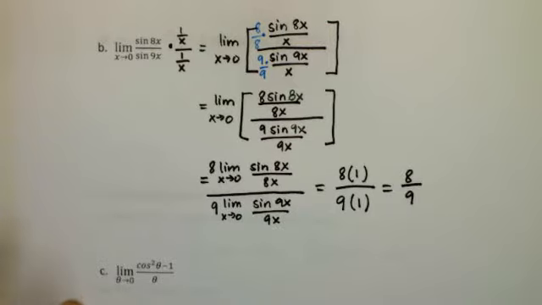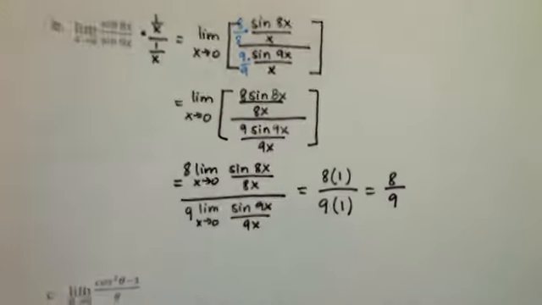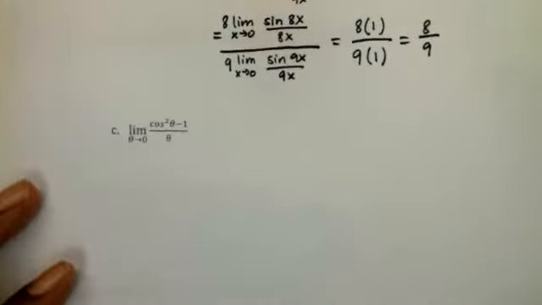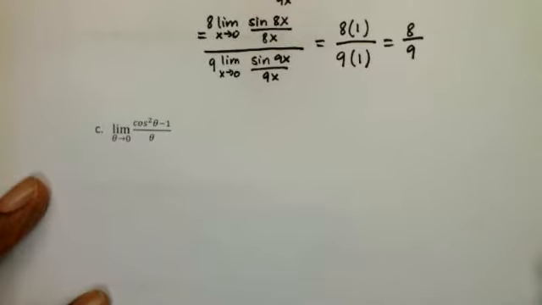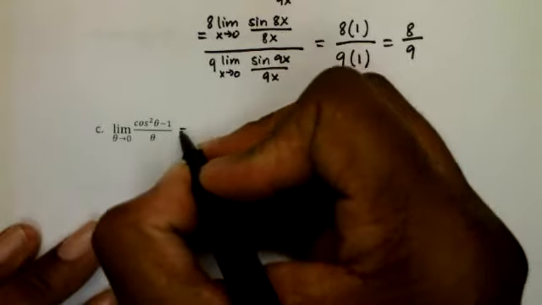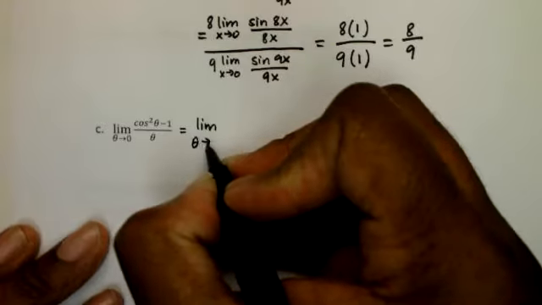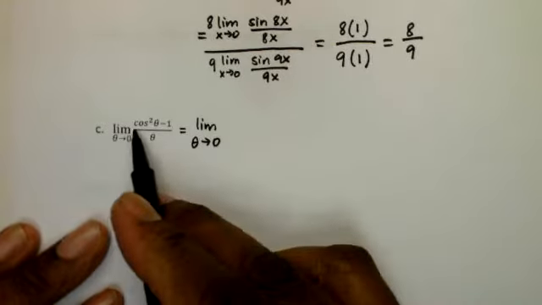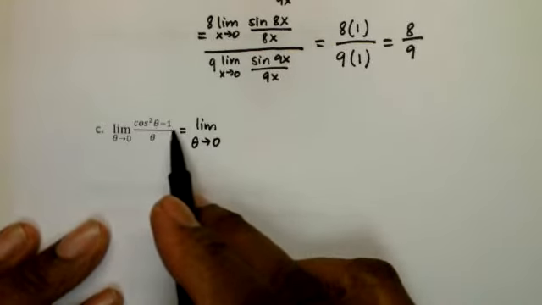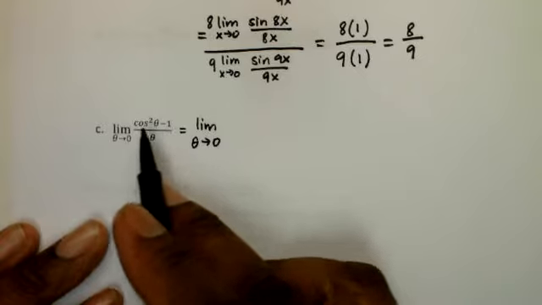Now part C deals with the cosine. So here we got the limit as theta approaches 0 of cosine squared theta minus 1 divided by theta. Okay, in this case here, let's bring over the limit as theta approaches 0. That cosine squared theta minus 1, that's the difference of 2 perfect squares.